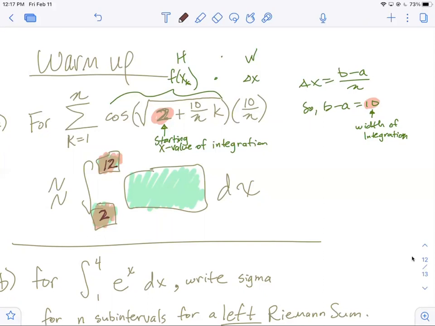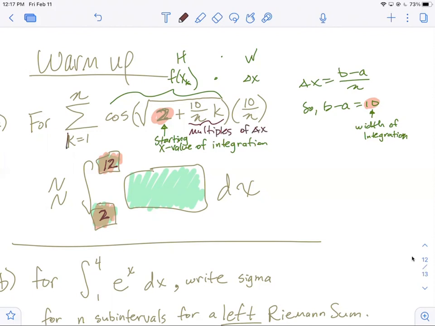Now I wanted it to be a negative so that then if the radical weren't there, then we'd go from negative 2 to 8. So that takes care of that. So now we just need to figure out what the function is. Well, this is starting at 2 and then it's plus. These are just multiples of your delta x.